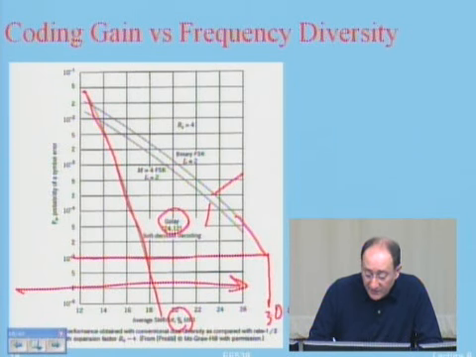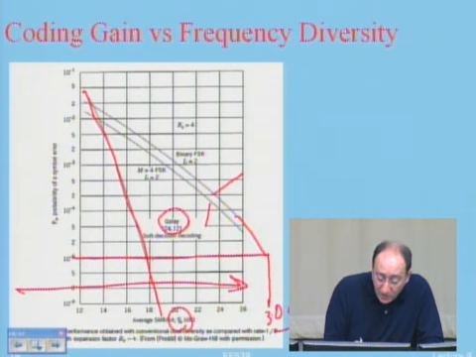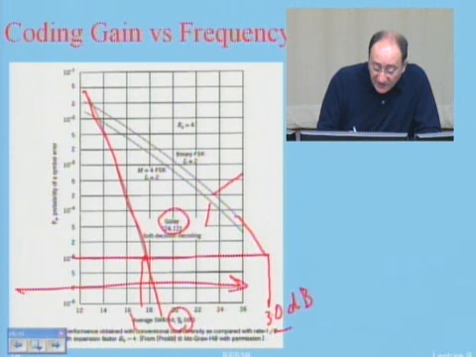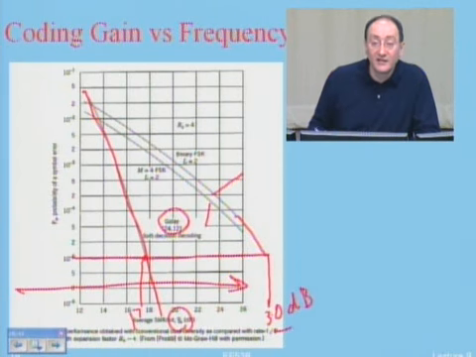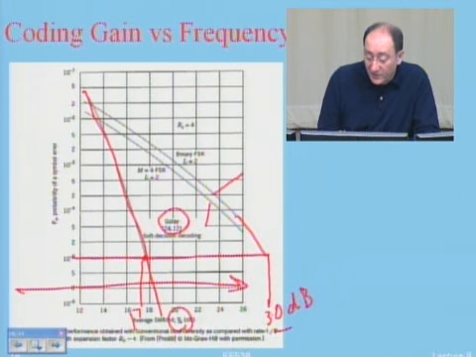Now that I added the coding, it has dropped to something like 17 or 18. You see that? So the coding has improved my performance by about 13 dB.